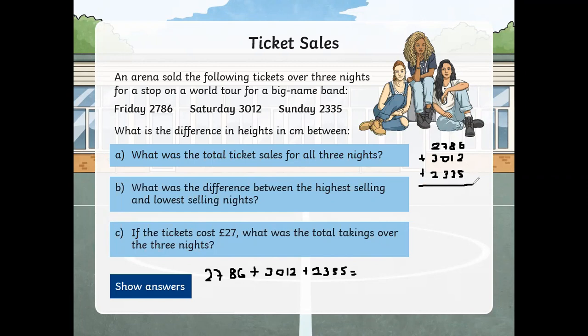Again, let's add that up. 6 plus 2 is 8, plus 5 is 13. We write the 3, and we carry the 1. 1 plus 8 is 9, plus 1 is 10, plus 3 is 13 again. Carry the 1. 1 plus 7 is 8, plus 0 is still 8, plus 3 is 11. We write the 1 and carry the 1. Then we have 1 plus 2 is 3, plus 3 is 6, and then plus 2 is 8.